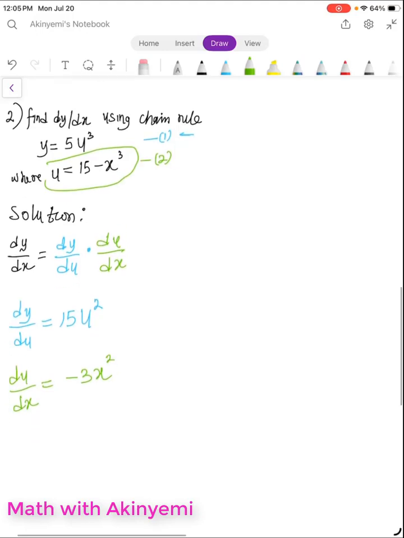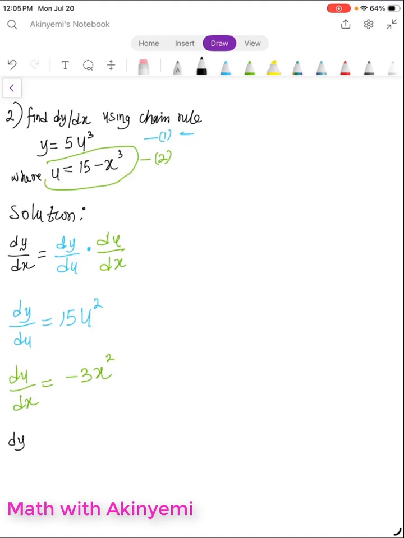So now the dy over dx is going to be equal to 15u square multiplied by minus 3x square.